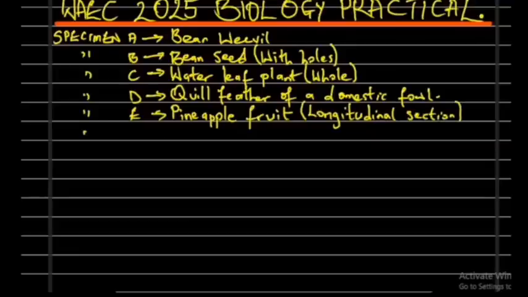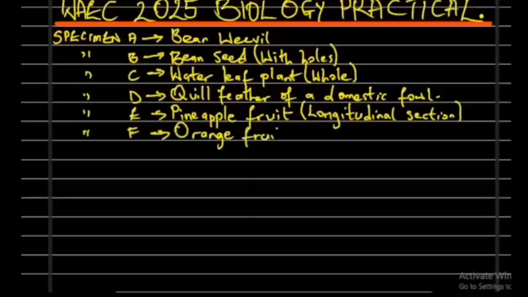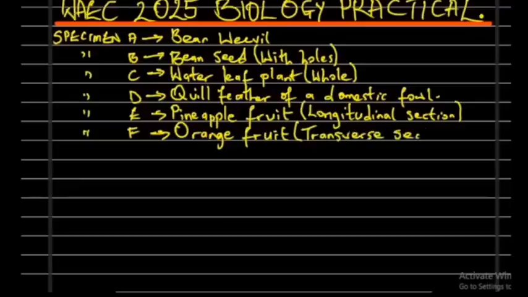And then for our specimen F, what we have there is going to be orange fruits, and for this one, we'll be having the transverse cut or the transverse section.